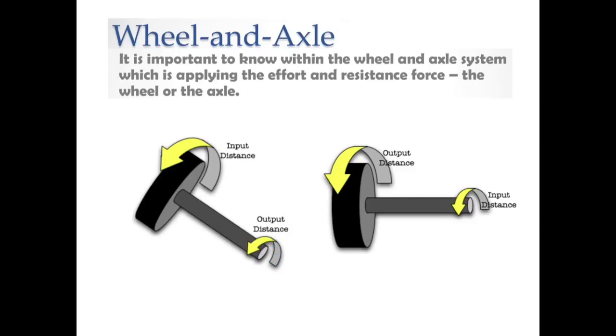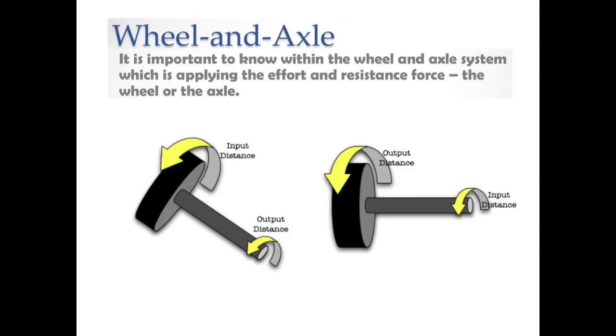So that means with the larger distance on my wheel, I'm going to require less force to move this resistance force. If I put the resistance force, or that output, on the wheel, then the distance is greater here than it is where my effort force, or that input distance, is going to be.